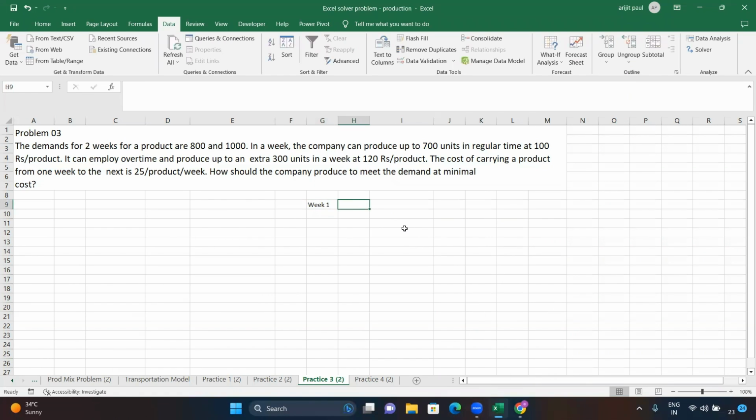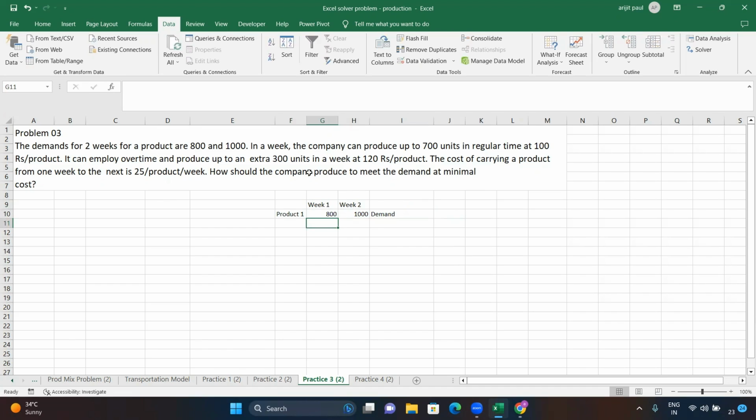Let's consider we are speaking for 2 weeks as of now, week 1 and week 2. And we have only one product. And what is the demand? The demand for week 1 is 800 and for week 2 is 1000. So this is our demand.